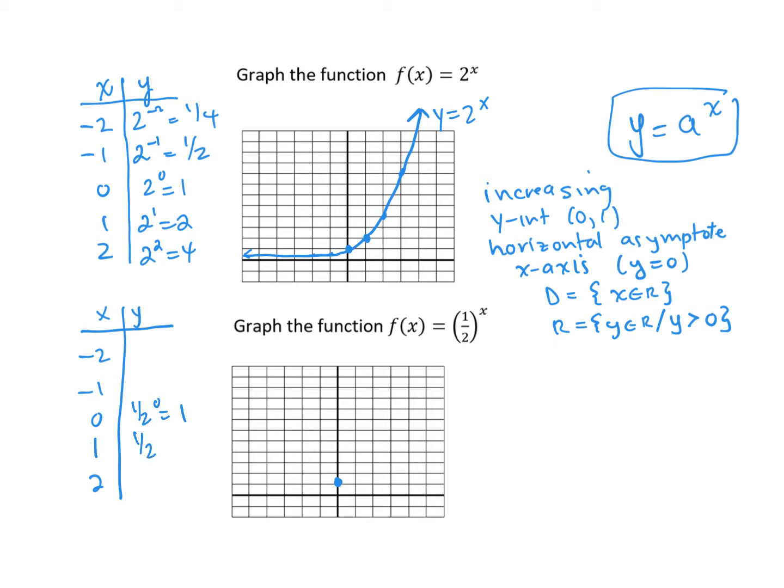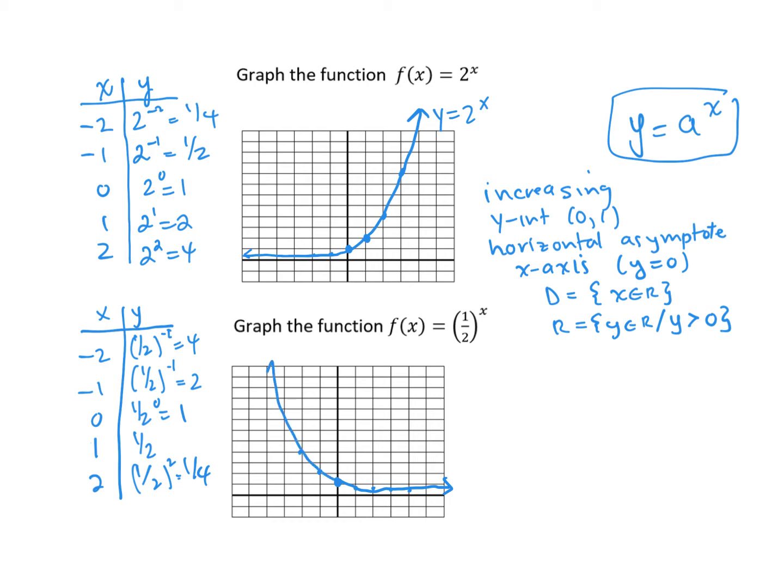Now we have 1/2 to the power 1, and we have 1/2 to the power 2, which is 1/4. So as we go to the right, we get a half, a quarter, an eighth, a 16th, and so on. So this time the curve would be approaching the x-axis in the positive direction. And then 1/2 to the negative 1, well, when we have a fraction to a negative exponent, we can just flip the fraction, so that would be 2. And then 1/2 to the negative 2 would be 4.